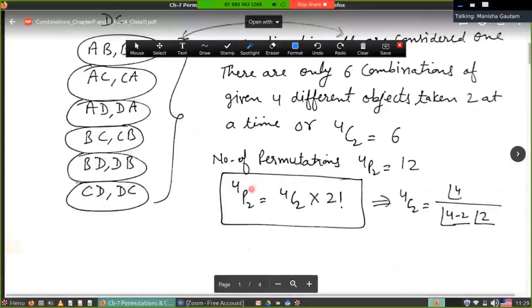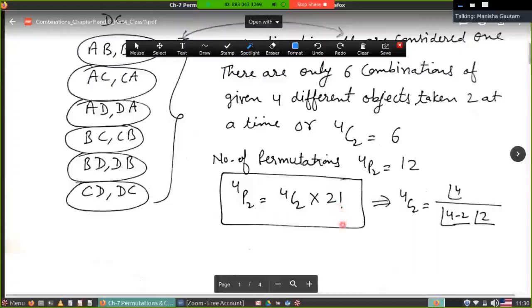You can write 4P2 is equal to 4C2 times 2 factorial. If I select 3 objects out of 4, then in place of 2 factorial, you will get 3 factorial. 4P2 is equal to 4C2 into 2 factorial.